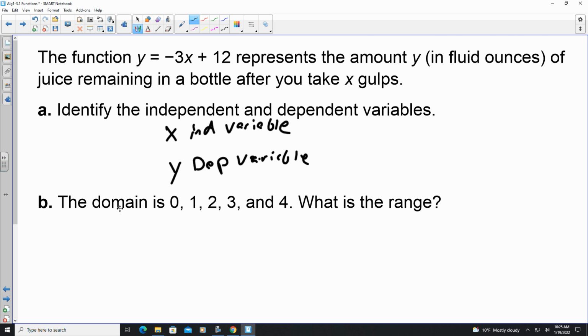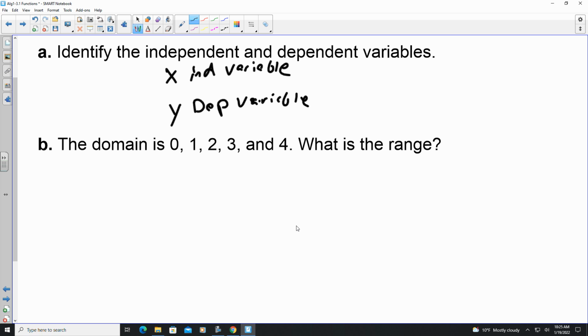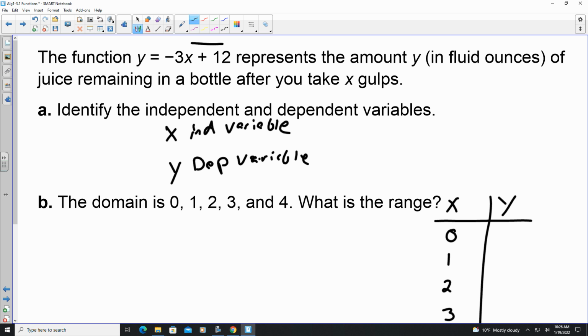So here it says that you have a domain of 0, 1, 2, 3, and 4. What is your range? So you could make a table here. So I got x, I got y. x is domain, so it's 0, 1, 2, 3, and 4. To find your range, you're going to use this formula and solve.